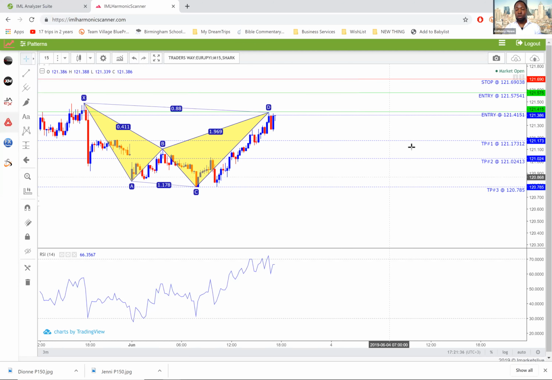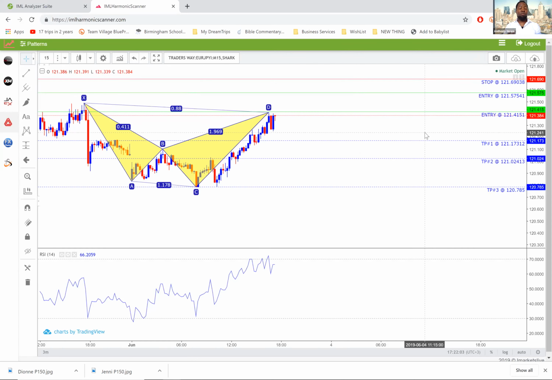So make sure when you take a screenshot, you can clearly see TP1 and the stop number. Now we can see that. I'll take a screenshot here. So now that you've found a trade idea from the Harmonic Scanner that's ready for you to take advantage of, you want to go to your MetaTrader 4 app, okay?